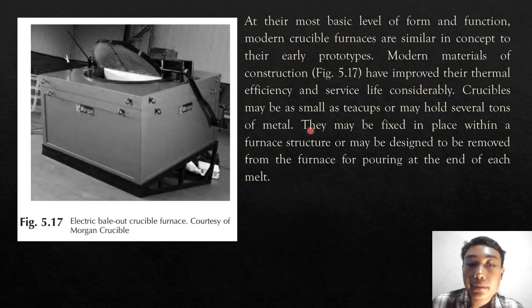Crucibles may be as small as teacups or may hold several tons of metal. They may be fixed in place within a furnace structure or may be designed to be removed from the furnace for pouring at the end of each melt.